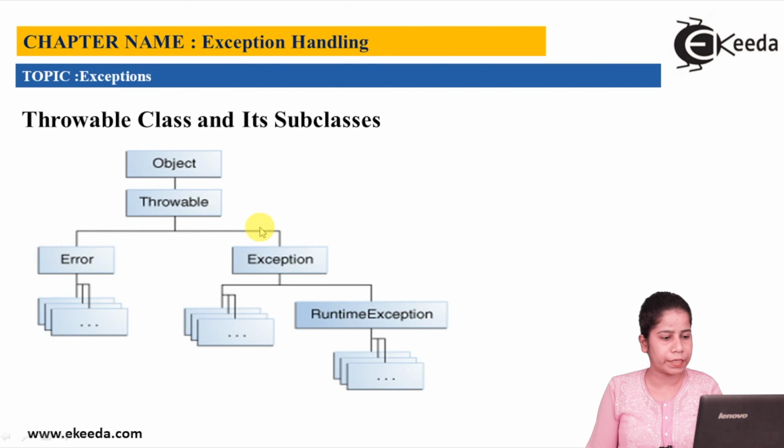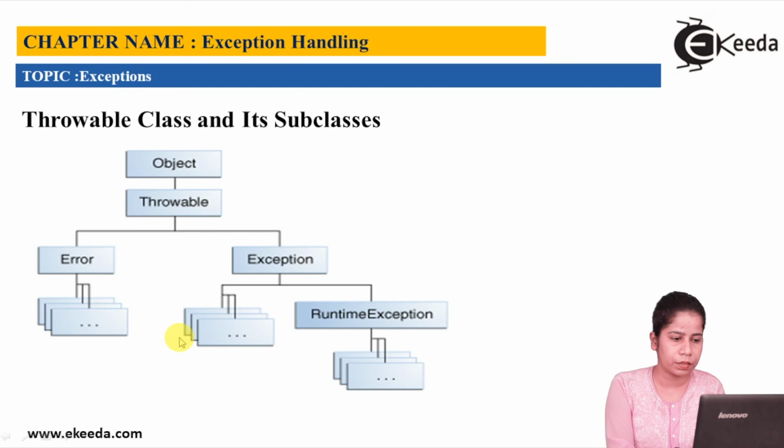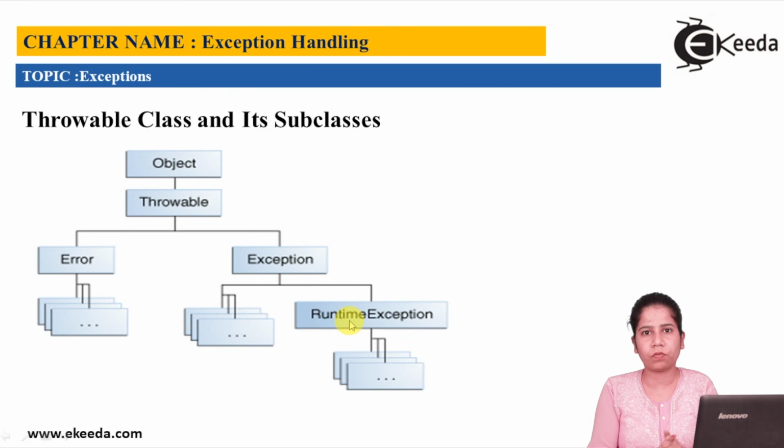The Exception class is further divided into normal exceptions and runtime exceptions. Errors are situations out of your control, like memory crash or hard disk crash, which you cannot handle. These are not logical mistakes. Exceptions are the logical mistakes which happen at runtime. This is the hierarchy of the Throwable class and its subclasses.